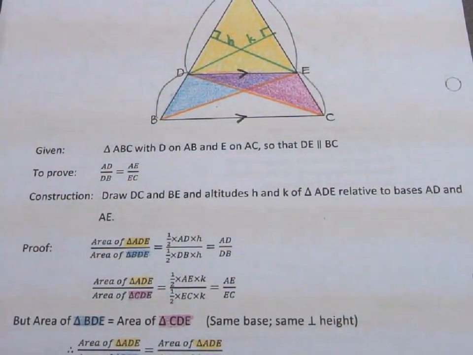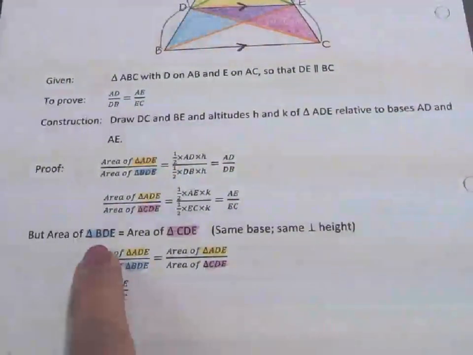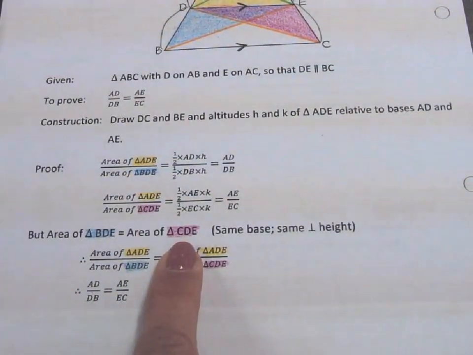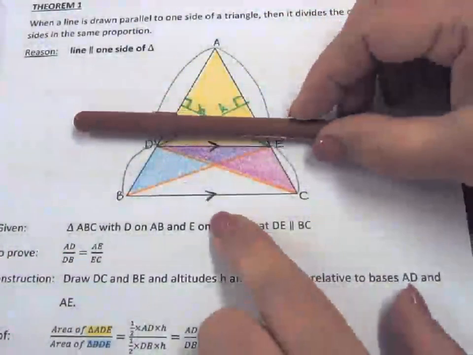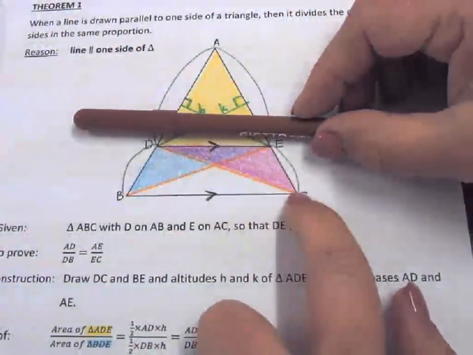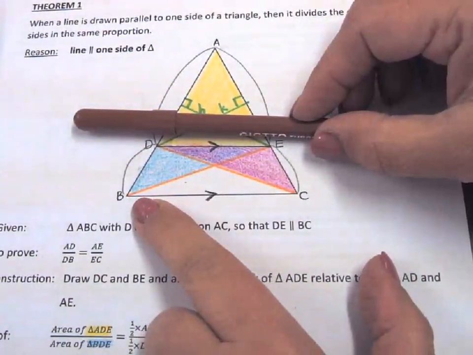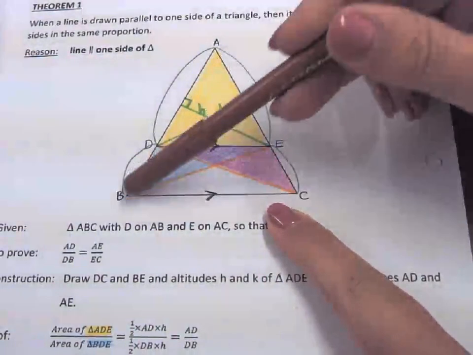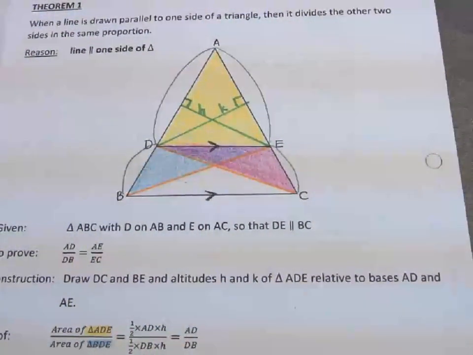Now, the area of the blue one is the same as the area of the pink one. Because if you have two parallel lines and the triangles fit in between those parallel lines and they have the same base and the same heights, then their areas are the same.